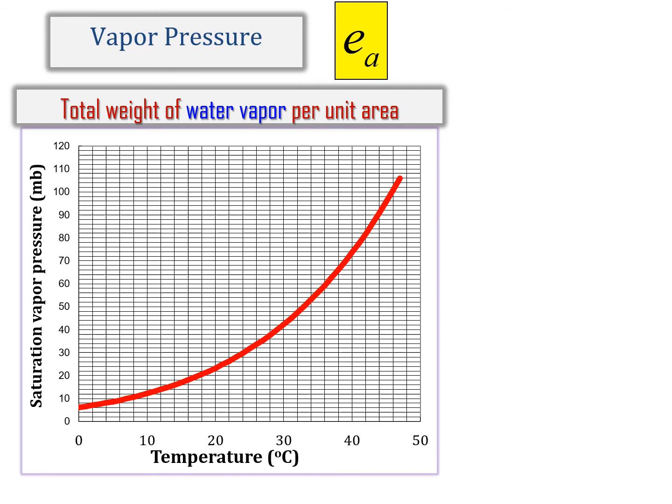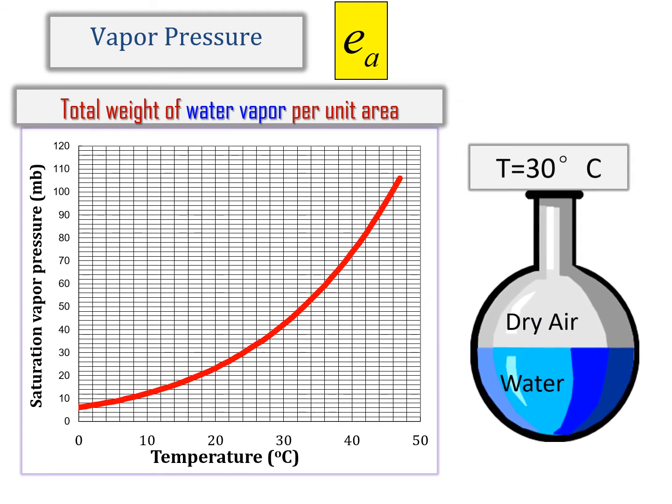Here, I give you an example. There's a vessel holding water, at a temperature of 30 degrees C. We want to use degrees C, not Fahrenheit.